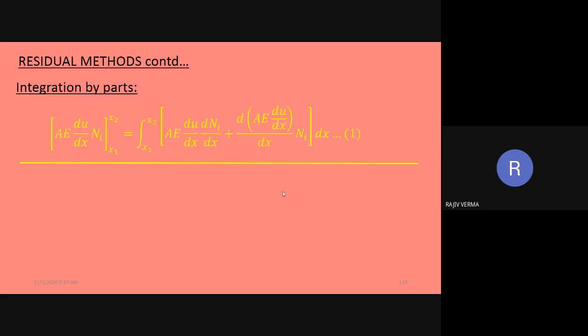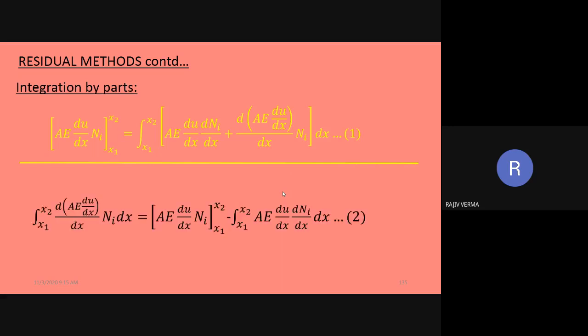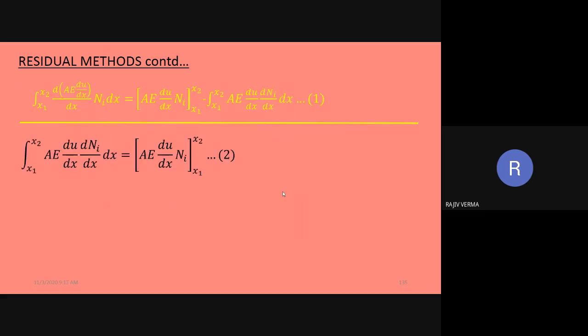So now we have equation number 5 from the previous slide carried forward, and this becomes equation number 1 for the present slide, and we simply rearrange the terms of equation number 1 to give equation number 2 in this form.